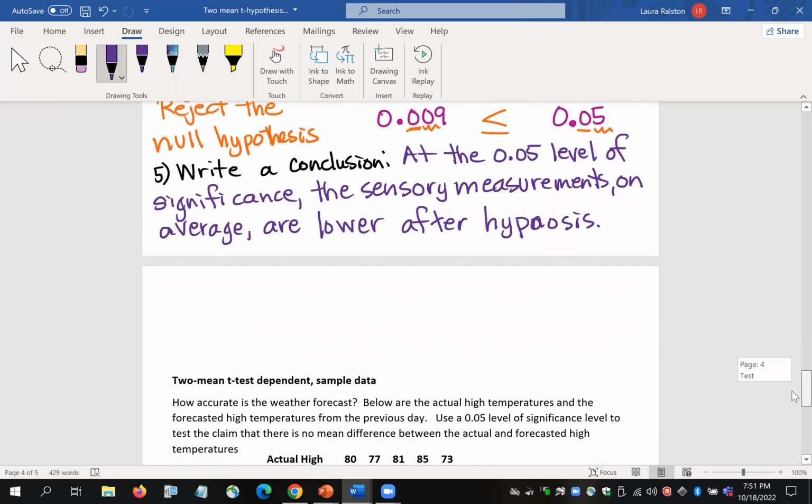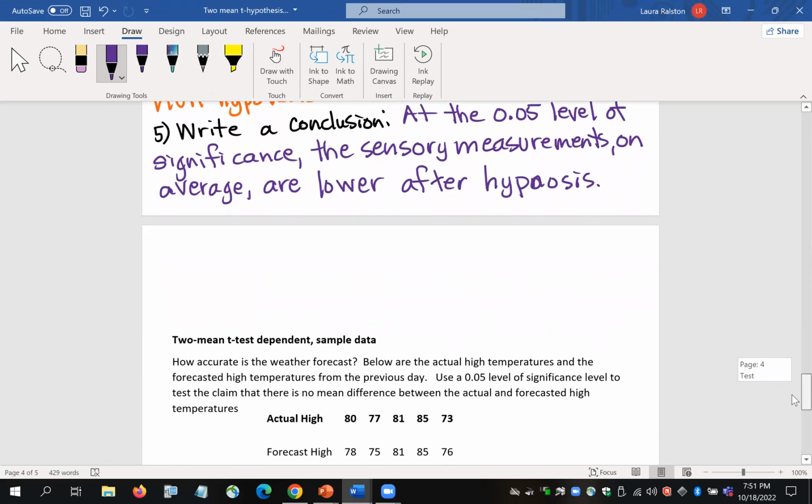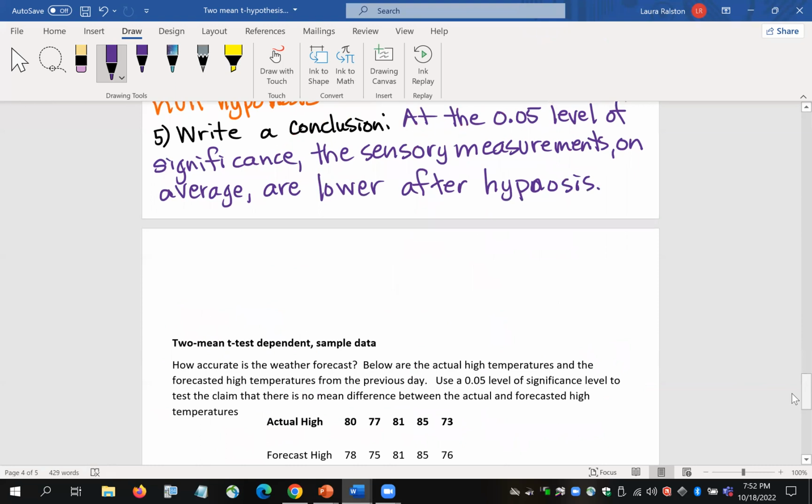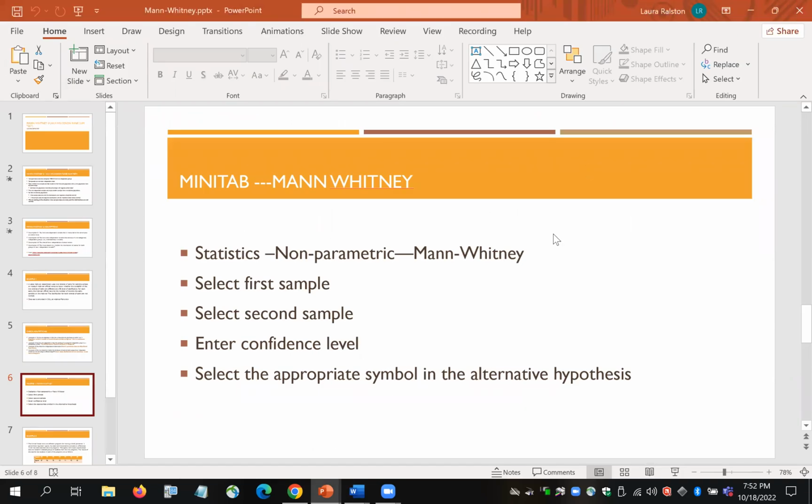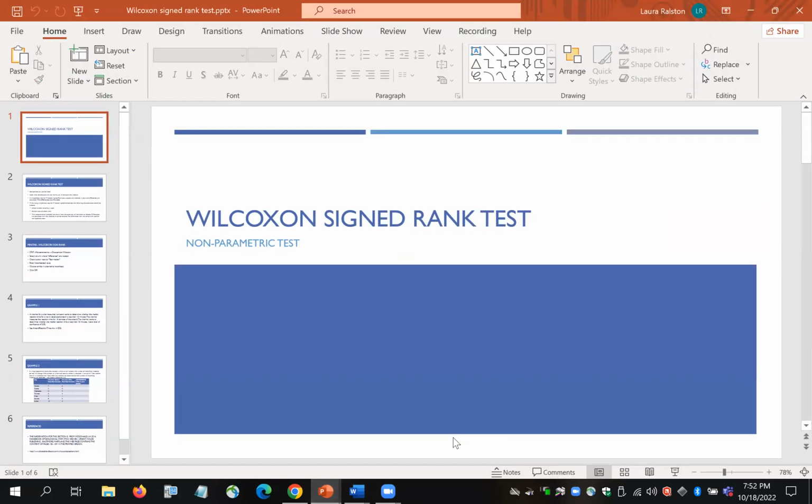Okay, so that gets us through the two mean t-test, both independent and dependent. And we've gotten through the nonparametric test, Mann-Whitney, which relates to the independent t. I have 8 minutes, and I cannot do the Wilcoxon signed rank in 8 minutes.